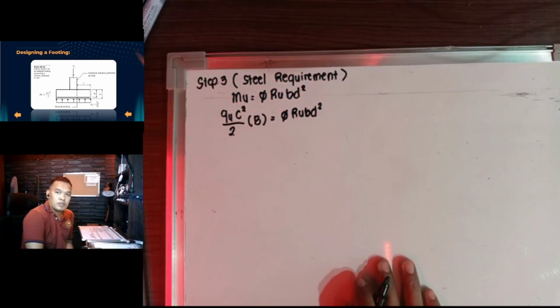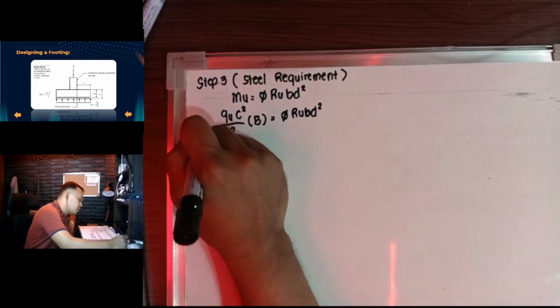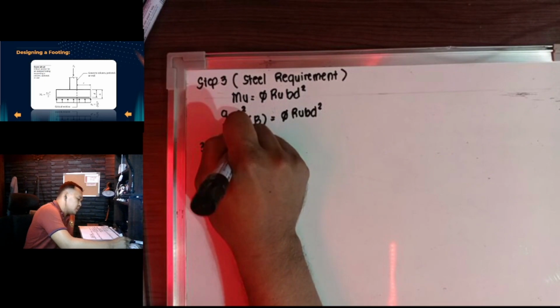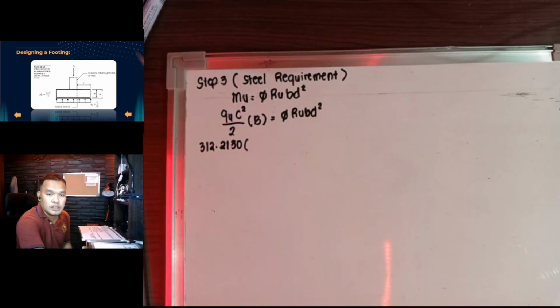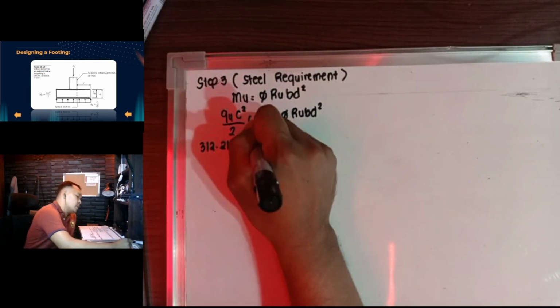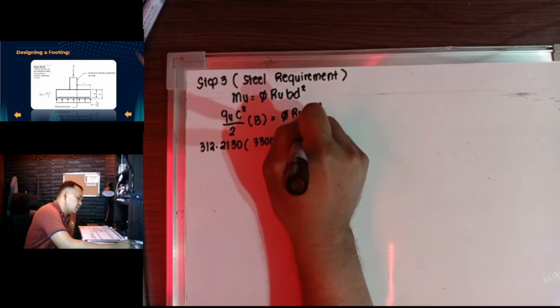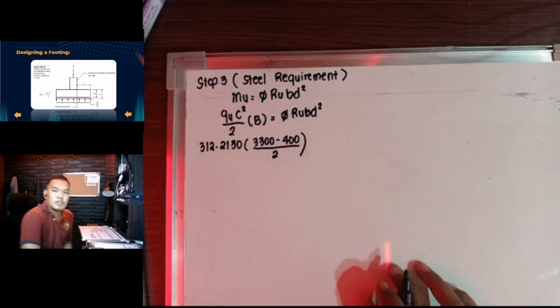Okay. So, let's lagyan natin yung mga value. So, we all know that the qu is equivalent kay 312.213 times yung c. Ang c natin is from this distance. Ito, this distance, no? So, we have here 3,300 minus 400 all over 2 to get the value of c.